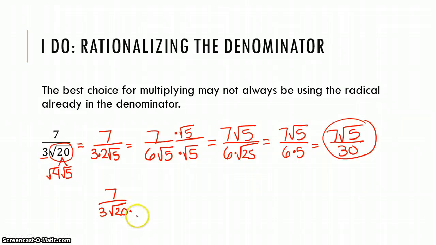But if I think about how I can turn this into a perfect square, well, root 20 could be turned into square root of 100, like I'm doing here. You could do it this way if you feel really good about your perfect squares. It's not always going to be the easiest, but it is a secondary method you could use.